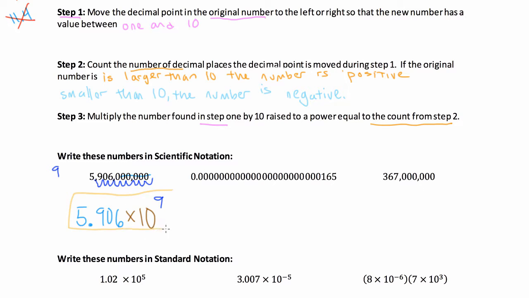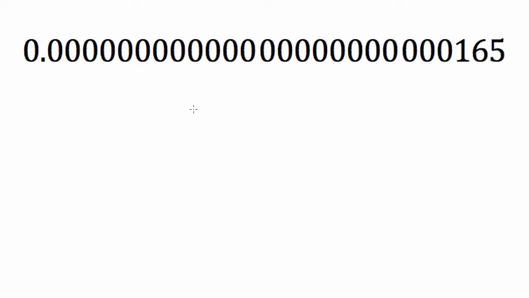So I have that. Now here, and this one's kind of rough, I'm going to zoom way in so I can try to not, okay, I'm all zoomed in. Hopefully I won't lose my mind trying to count all these decimals. So I start here, I go 1, 2, 3, 4, 5, 6, 7, 8, 9, 10, 11, 12, 13, 14, 15, 16, 17, 18, 19, 20, 21, 22, 23, 24.